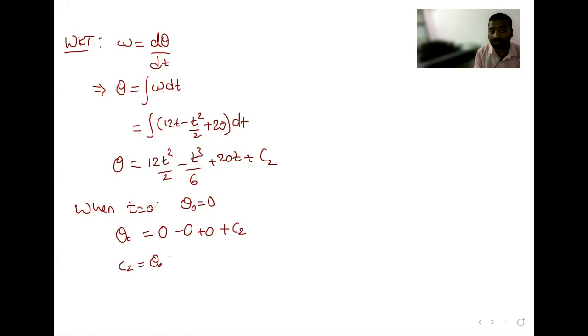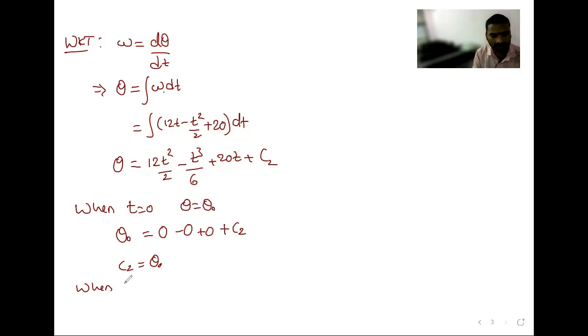I have to find out theta at 6. Don't put it as 0, because the constant value is theta naught. Either way it is going to cancel. Just write theta is equal to theta naught.